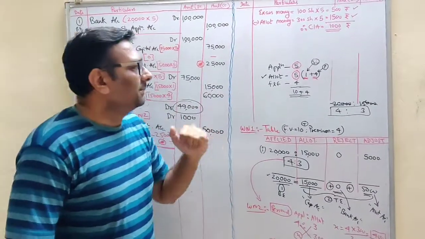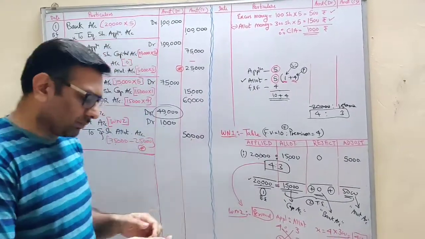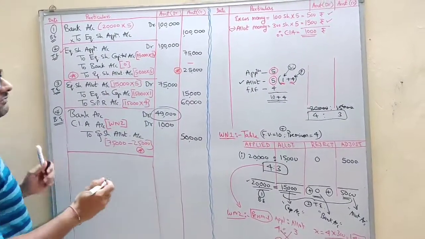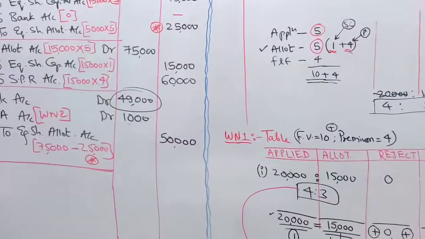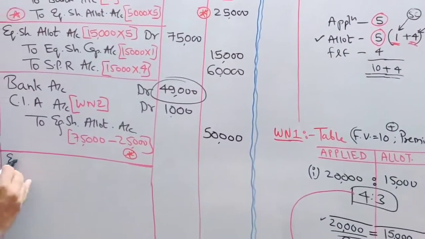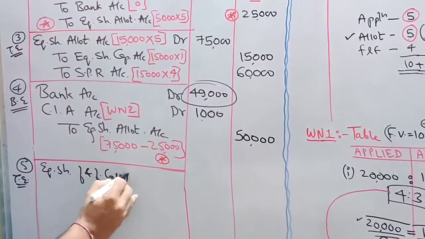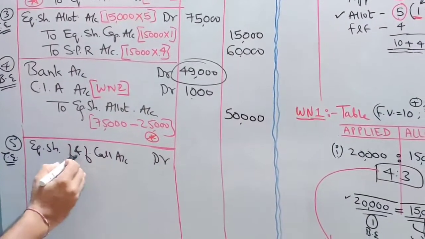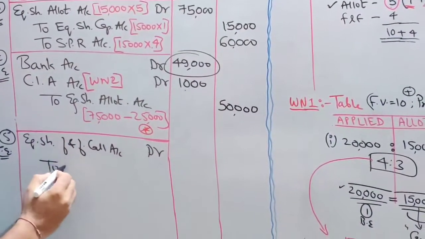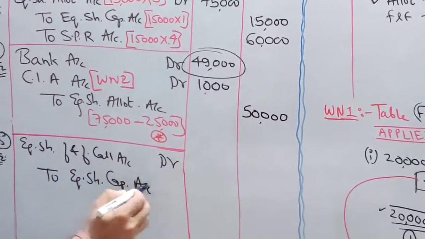Now the next installment. What is the next installment? First and final call of 4 rupees. Now you tell me the first and final call transfer entry, which is very easy. Equity share first and final call account debit, I am writing in short, you write in full in exam, to equity share capital account.